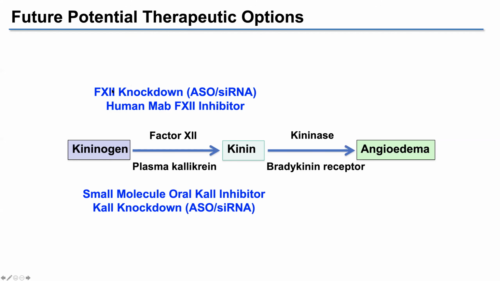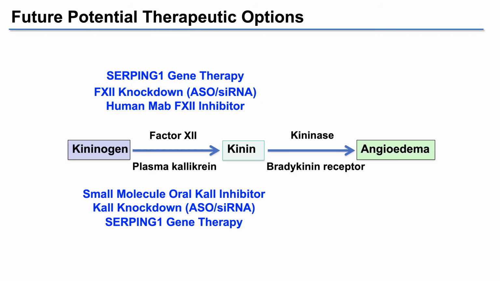There are companies that are looking at knockdown strategies, either antisense or interfering RNA. So far everybody is concentrated on plasma kallikrein, but there are some companies that are sniffing around doing this for factor 12 as well. Gene therapy is being looked at.